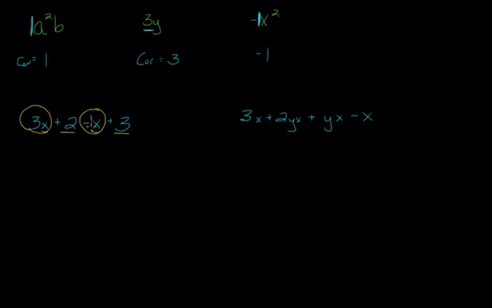Okay, remember that that's a -1 there. All right, so we're going to rearrange it using the commutative property. So 3x plus a -1x. All right, and then we have this +2 and this +3. So 2 plus 3.